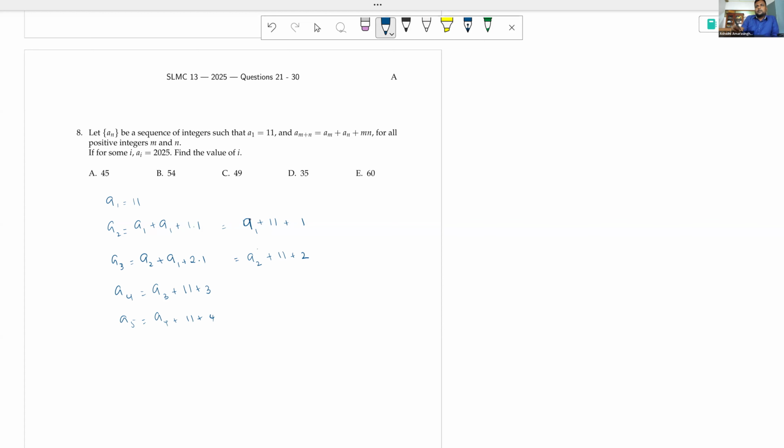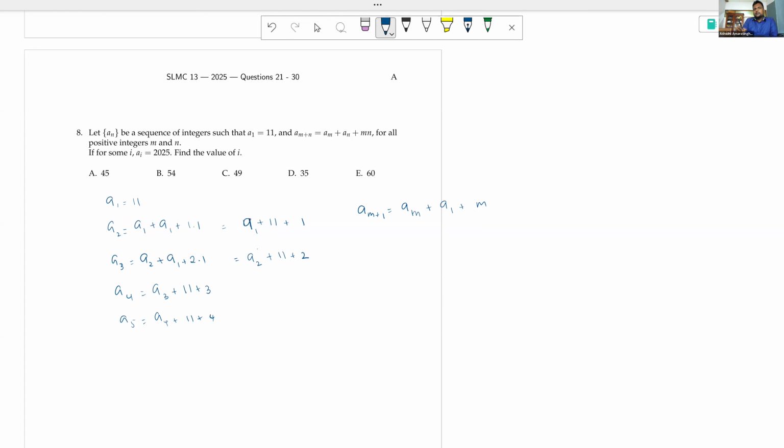here I'm using the fact that A(m+1) equals A1 plus Am plus m. And then you can subtract.